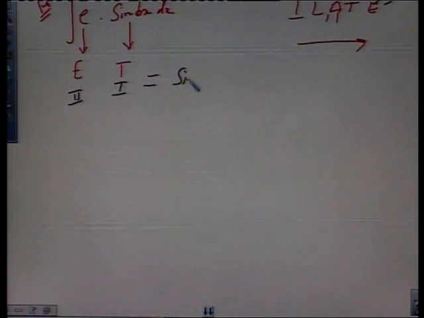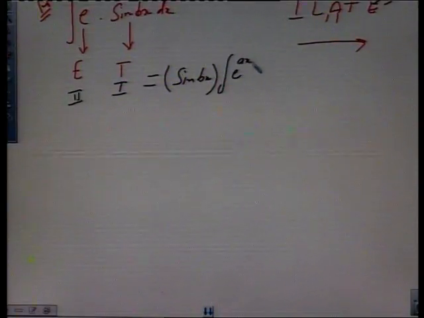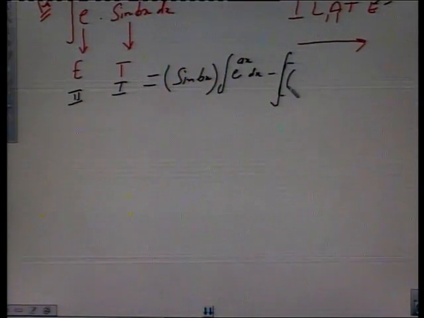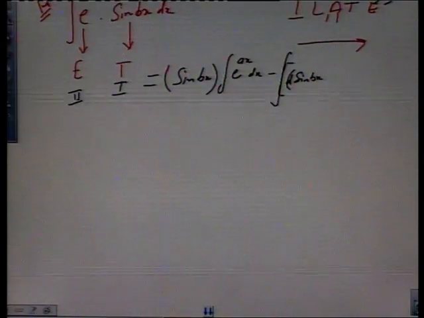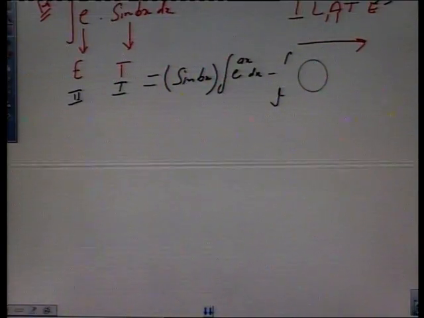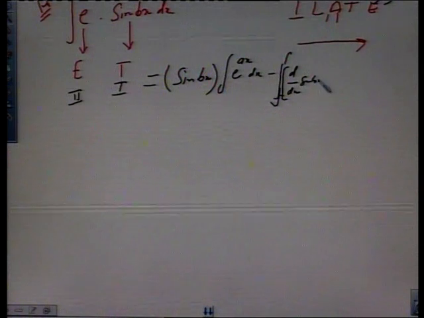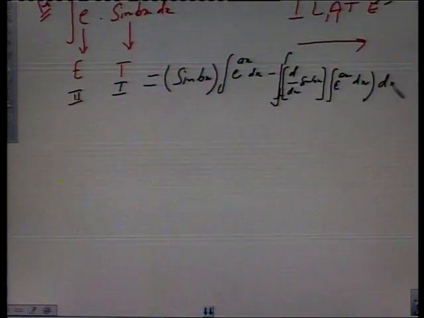it becomes sin bx into integration of e raised to power ax dx, minus whole integral of derivative of sin bx into integration of e raised to power ax dx, whole integral.